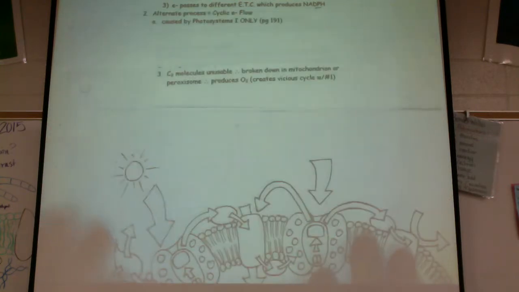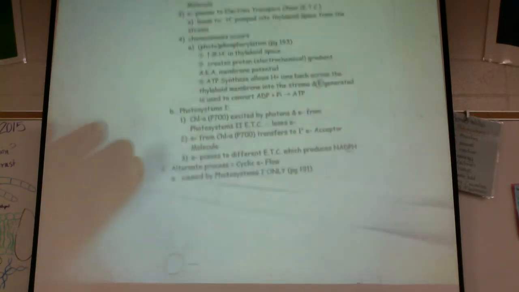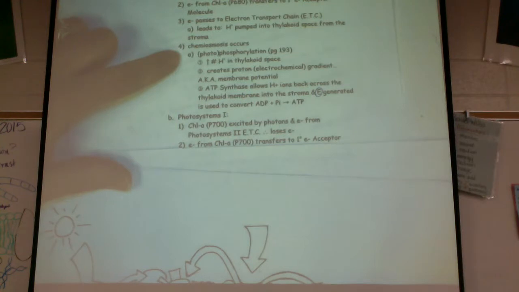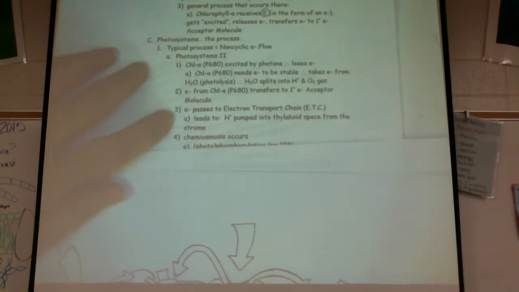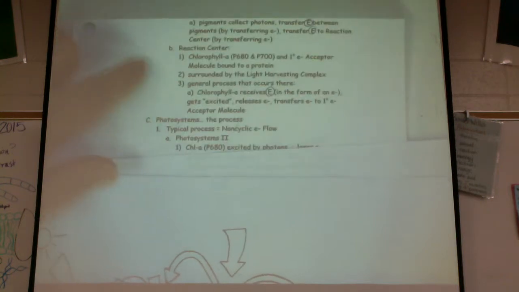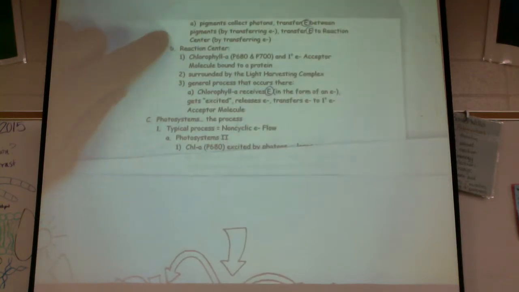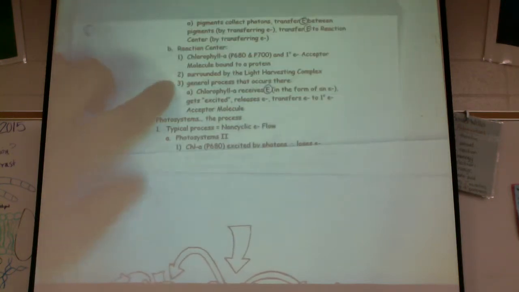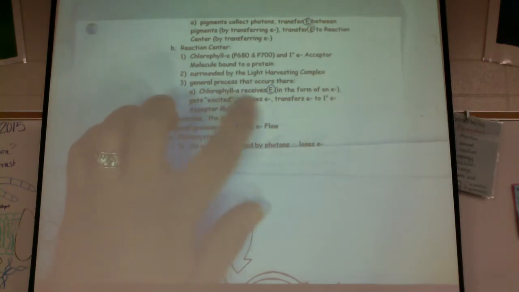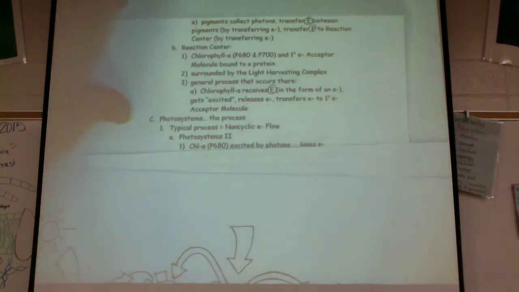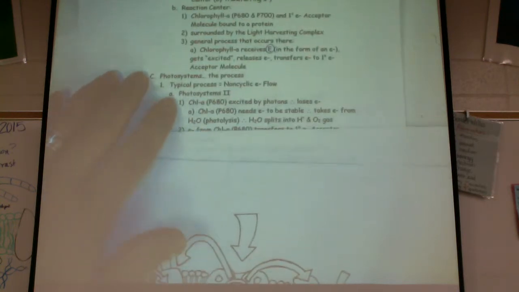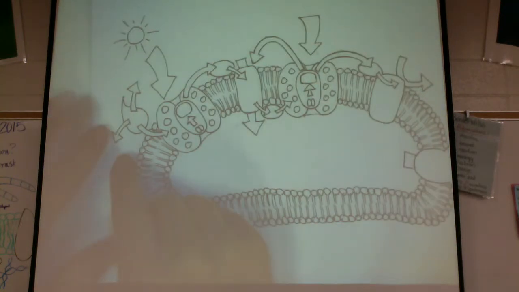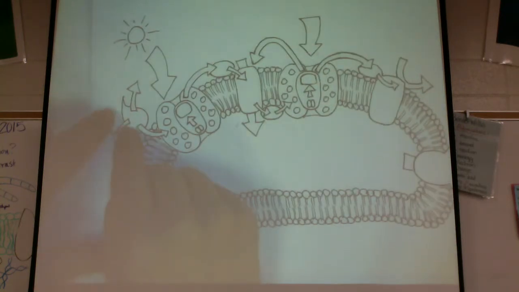But that electron is going to stabilize these molecules so you don't have to do photolysis. Remember back here, when we talked about stabilizing, in the reaction center. Okay, it gets released, right? Chlorophyll A receives, right? And so then what's going to happen is it's going to do photolysis right here, which means some water molecules right here are going to get split.